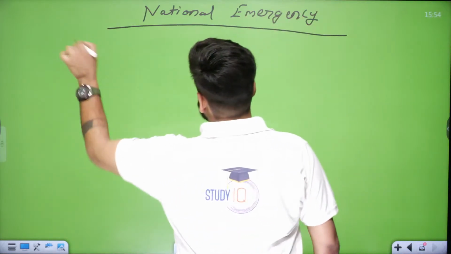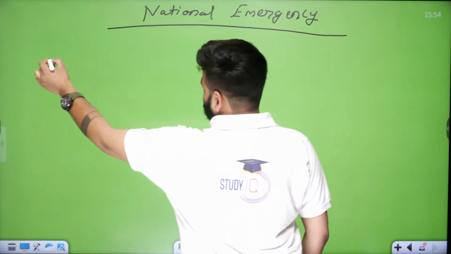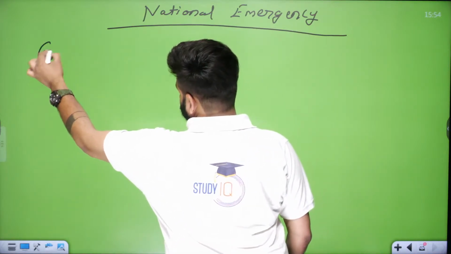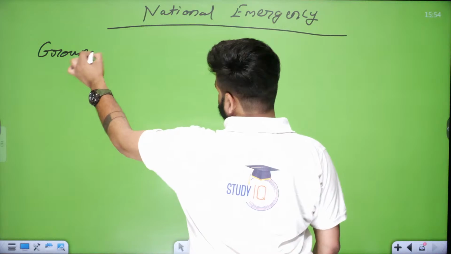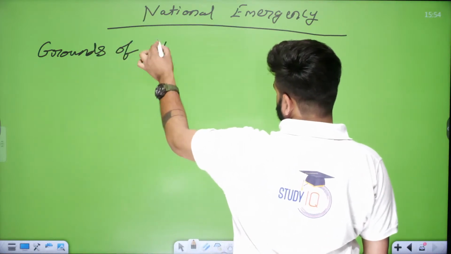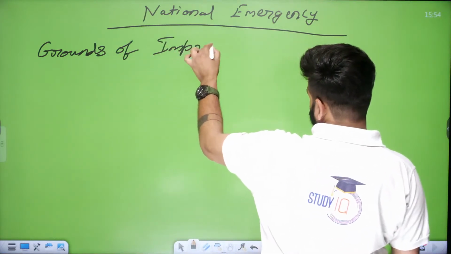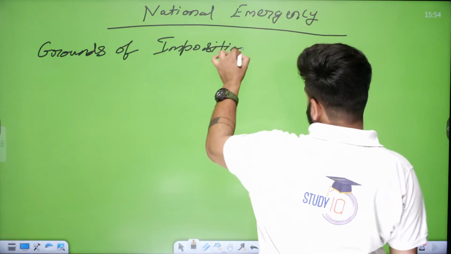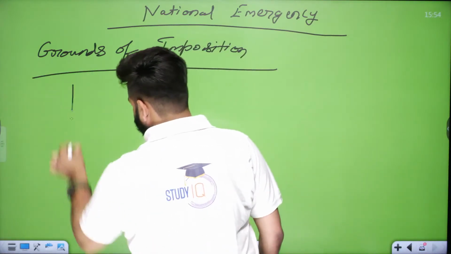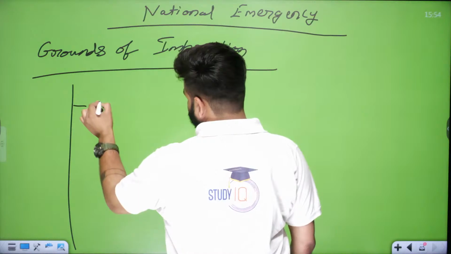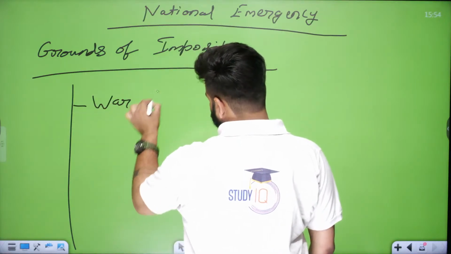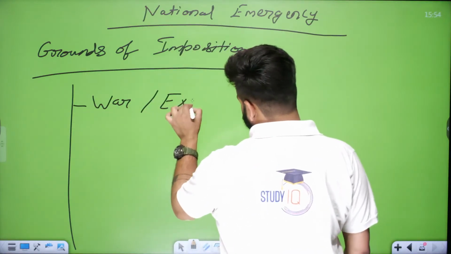Okay. National emergency, it can be imposed. So the grounds of declaration. There are two grounds. What are they? The first one is war, war as in external aggression.